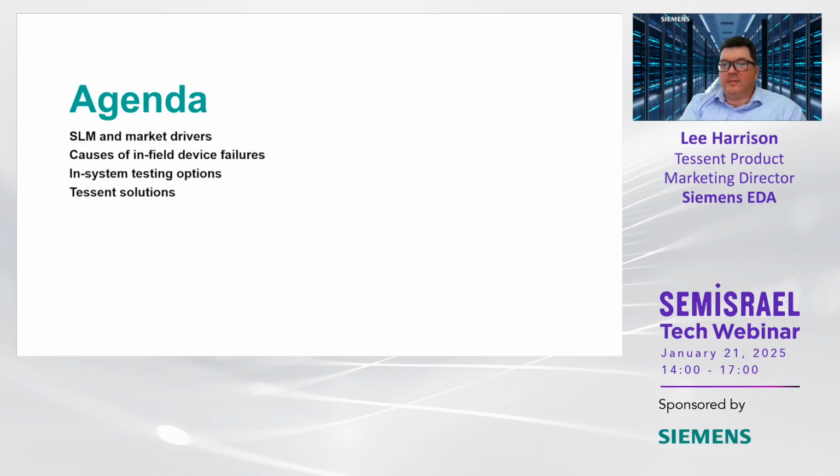I'm going to talk a little bit about the causes of these in-field failures that are driving the market towards SLM. I'm then going to talk about the various options there are in terms of technology to help address those in-field failures, and then talk about the solutions that we've been developing within Siemens EDA and Tessent.